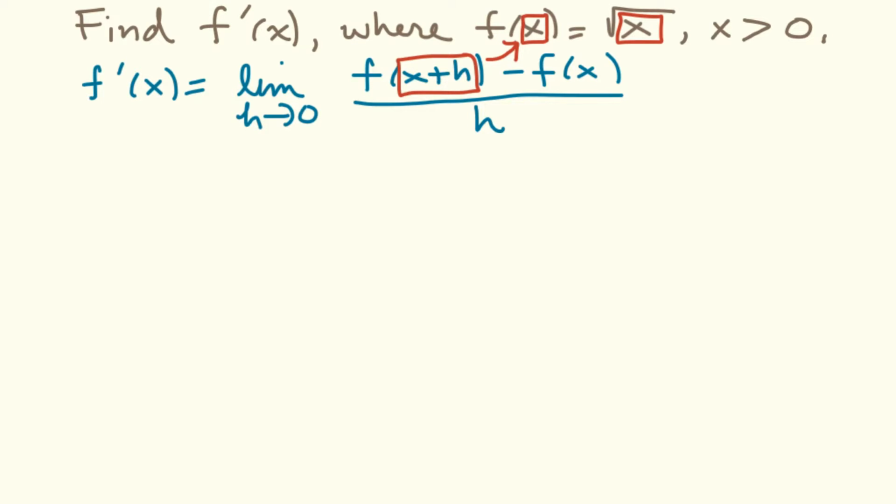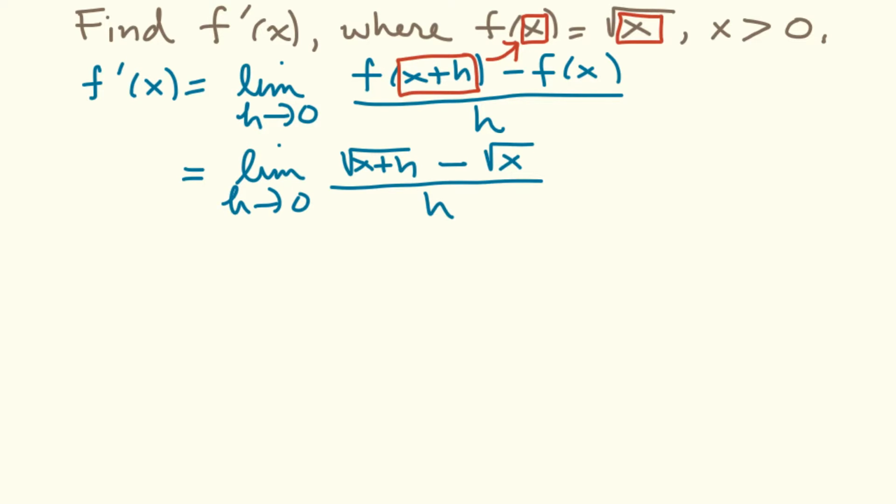So we have to figure out what f of x plus h is, and in the function f of x we think of x as simply a placeholder. So the value x plus h gets dropped into that placeholder or box, and what do we end up with? Well, we get the square root of x plus h minus simply f of x, which is the square root of x, over h.